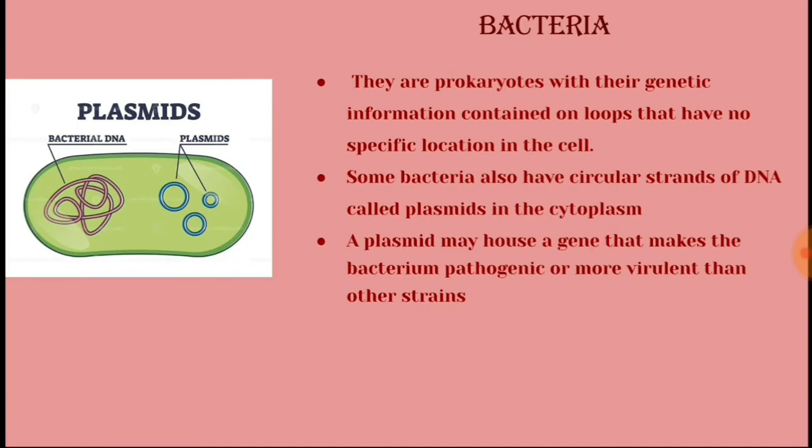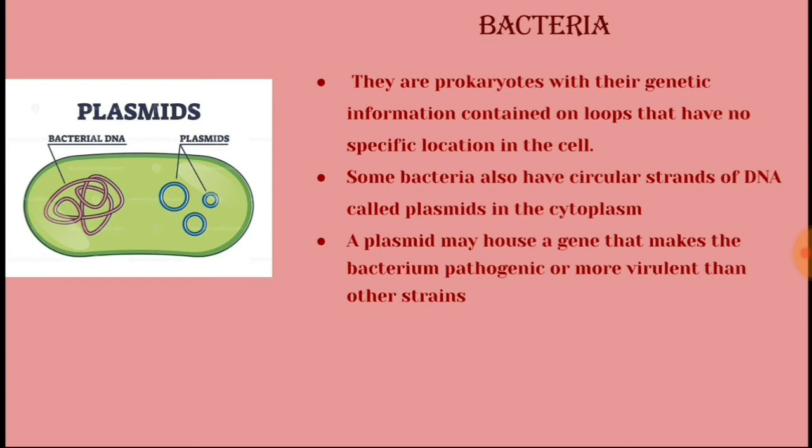So there's an outer layer which comprises the capsule as well. These capsules help in determining the capacity of the bacteria to cause disease. These bacteria can be flagellated. They have flagella, which act like a whip-like structure and help in locomotion.